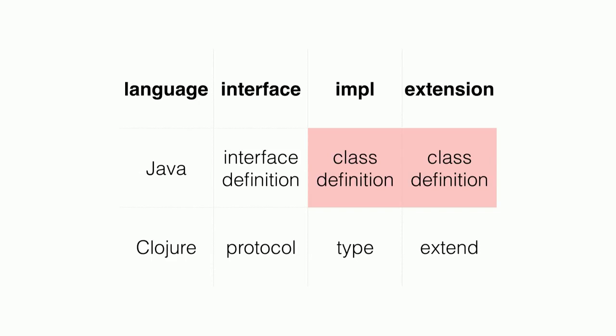It has interfaces, but Java has class definitions doing double duty. Class definitions are responsible for implementation, and they're also responsible for extension. And when you have something that you've taken apart and then you deliver it braided together, this is called complecting. It's the opposite of simple, and it's something you want to avoid.